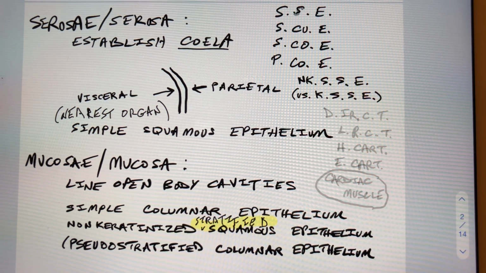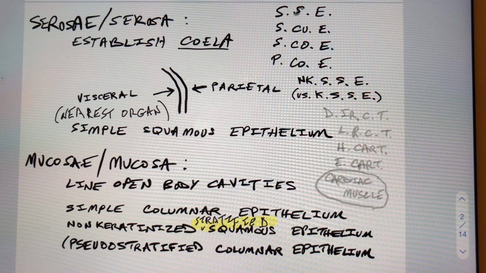The good news is that keratinized stratified squamous epithelium is only found in the skin, okay? Whereas non-keratinized stratified squamous epithelium lines our open body cavities that are especially exposed, those that are especially susceptible to abrasion. So the oral cavity is lined with non-keratinized stratified squamous epithelium, and yes, I expect you to list all 4 words.